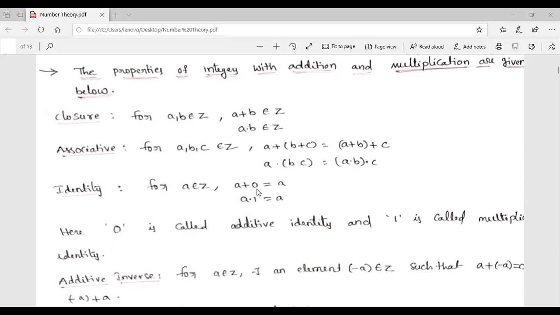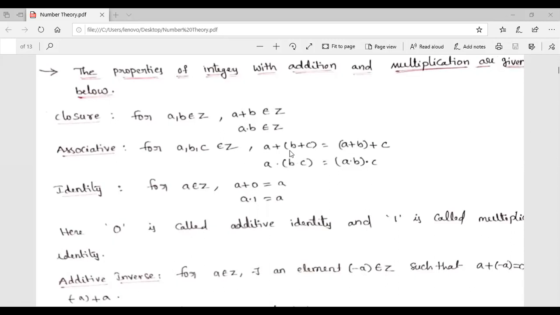Here 0 is called the additive identity element and 1 is called the multiplicative identity element, because the condition is a plus e is equal to a, where e represents 0, and a into e is equal to a, where e is equal to 1. 0 is the identity element with respect to addition and 1 is the identity element with respect to multiplication.